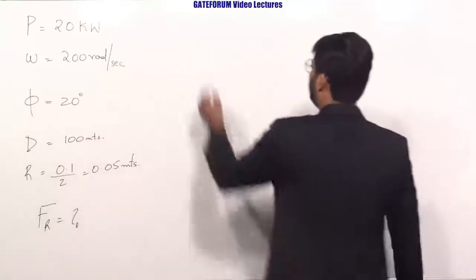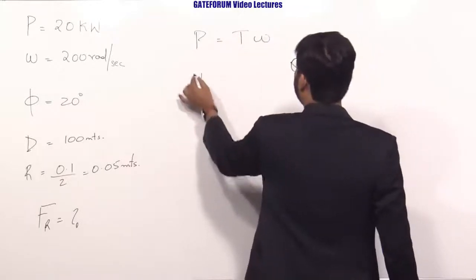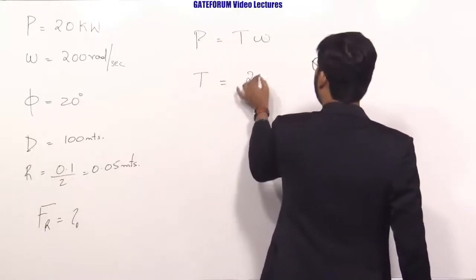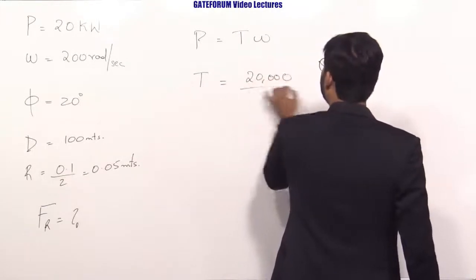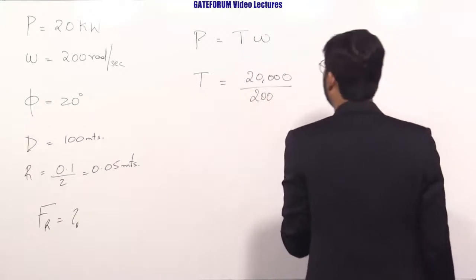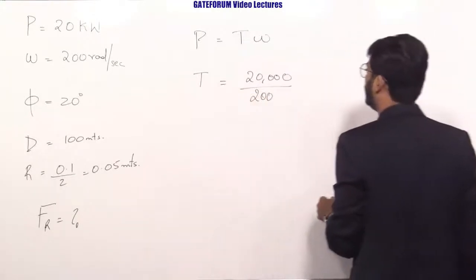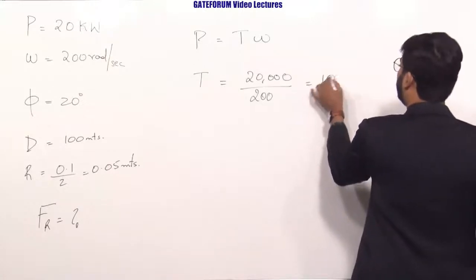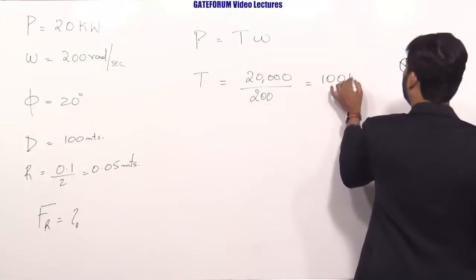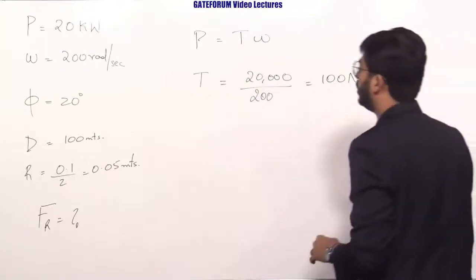Now, coming to P equals torque into omega, that is T into omega, so T is equal to 20,000 by 200, which is equal to 100 Newton meter of torque.